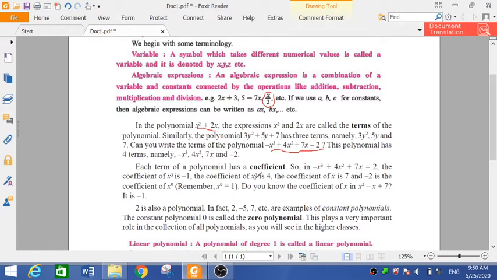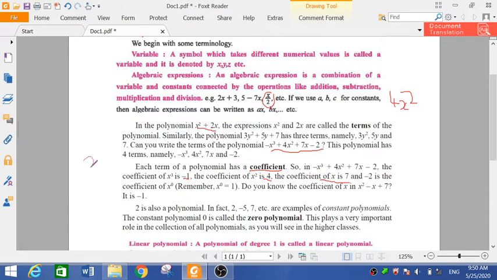Now each term has a coefficient. In 4x square, 4 is called the coefficient. Here 4 terms are there and we have to find the coefficients. The coefficient of x cube is minus 1, the coefficient of x square is plus 4, the coefficient of x is 7, and minus 2 also has a coefficient.